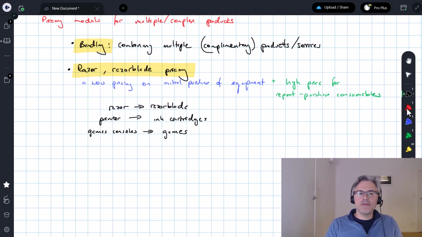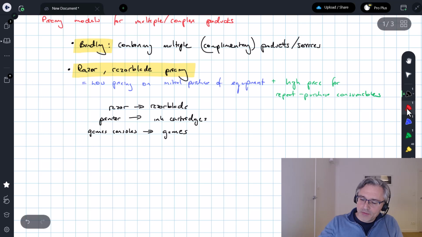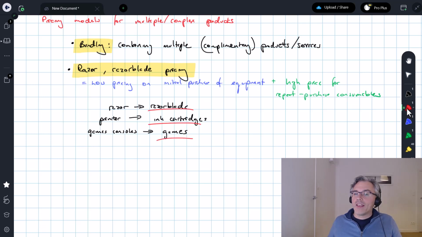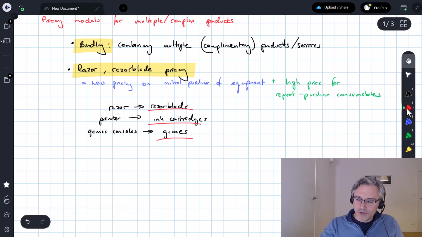The machine itself is relatively cheap, but the coffee pods or capsules that go into those machines are quite expensive relative to the value of a coffee. This is the type of pricing strategy we're talking about, and it works well if these consumables cannot be easily replaced by some generic product, because if that's the case, the whole thing loses sense. However, if you can get that model right, like I think Nespresso is doing, well, good for you.